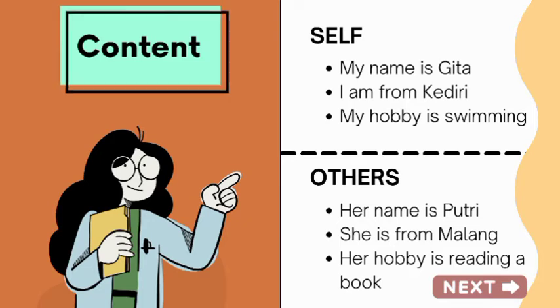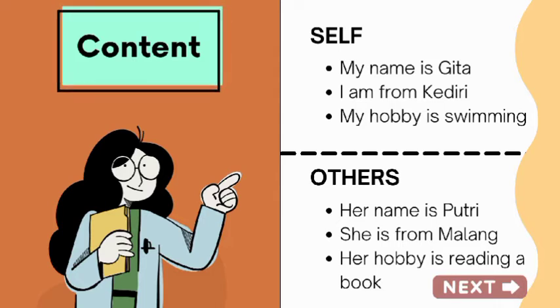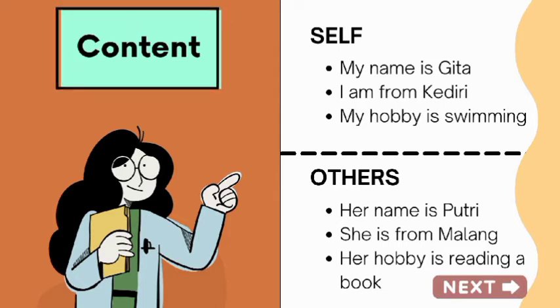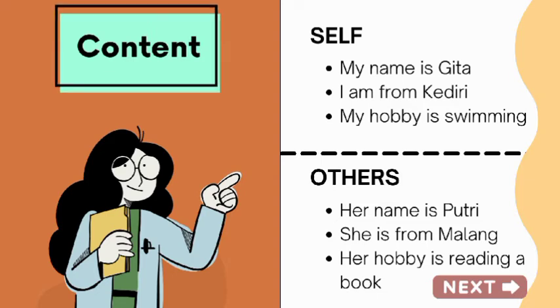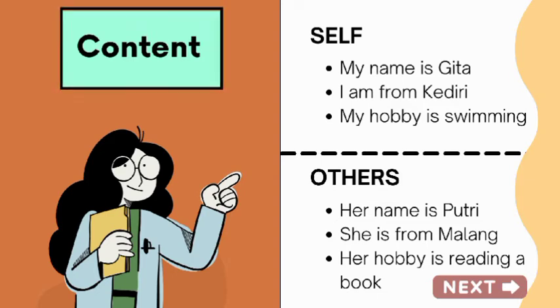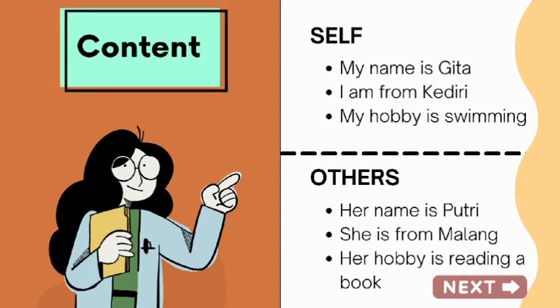For example, he is from Malang, he is from Batu, etc. And then the last, you can use sentences like her hobby is reading a book or his hobby is reading a book, etc.